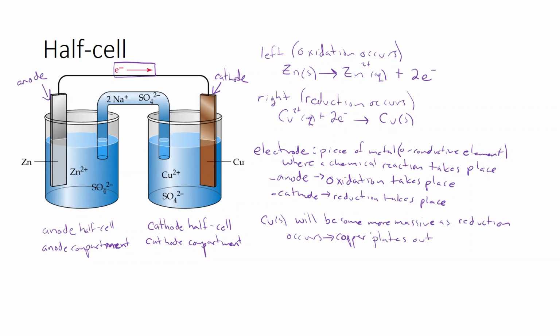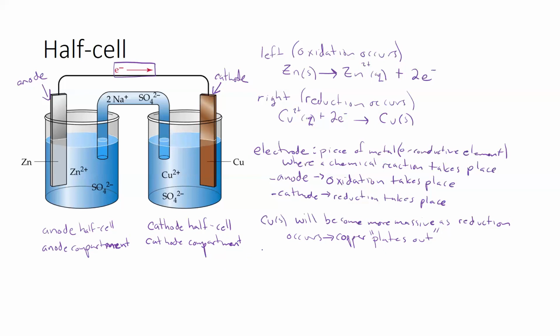Okay. And so the plates out comes from, like, if you've ever heard of electroplating, let's say, you know, families would have silverware, right? There was actually real silver. And if they had pure silverware, that silver was probably very expensive, but a cheaper way of doing it is just getting a piece of metal and coating it with a very thin layer of silver. Means that you're not using as much of a precious metal. And so we say it plates out, right? And so your copper, you'd be plating out copper, or doing copper plating.